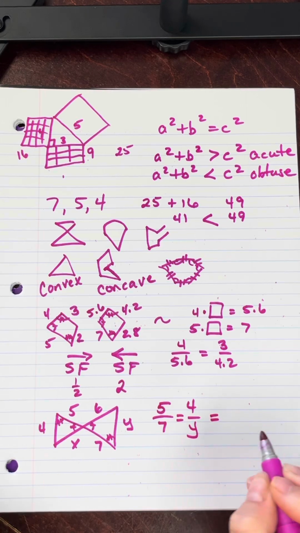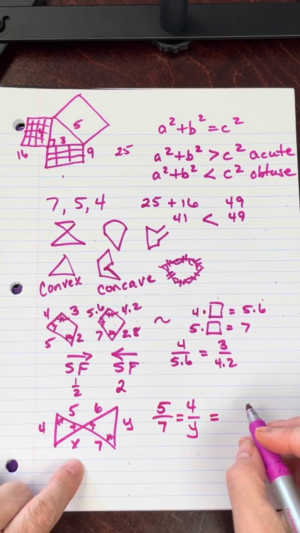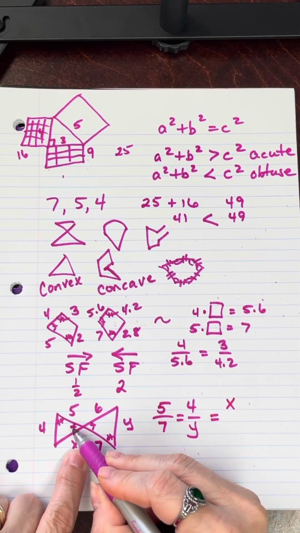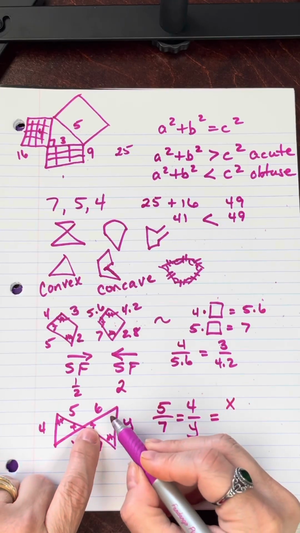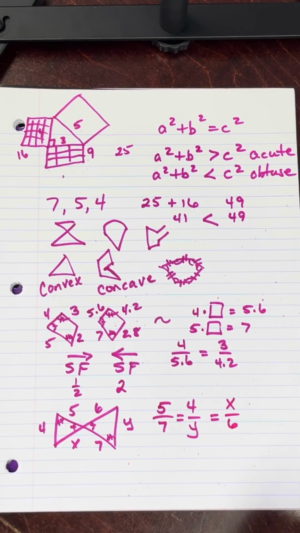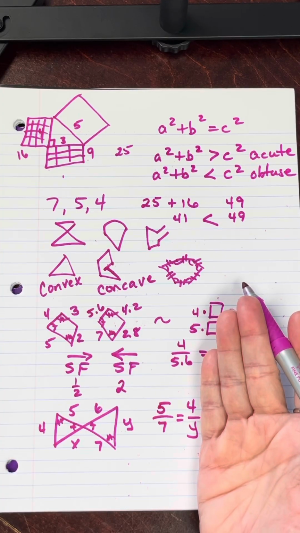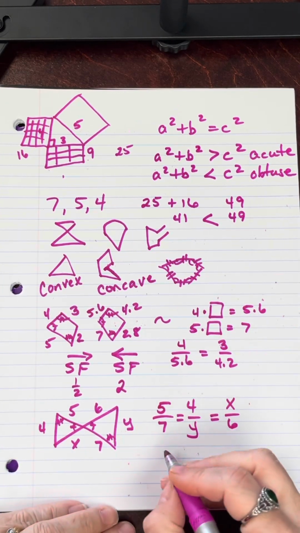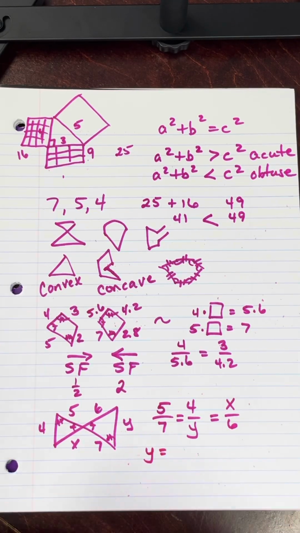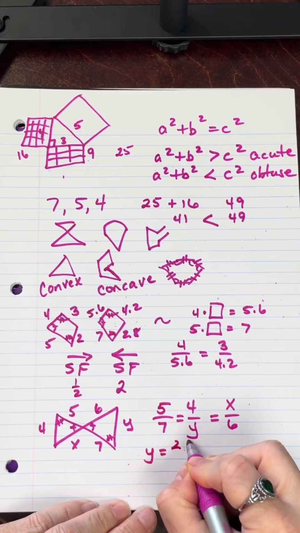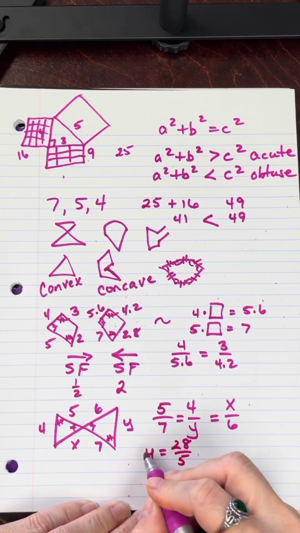I'm going to continue here to get the last piece just set up, which is X between the single and the none. Between the single and the none is the 6. So to solve for the Y, I would cross multiply here. 7 times 4 divided by 5 will give me Y. So Y equals 28/5.